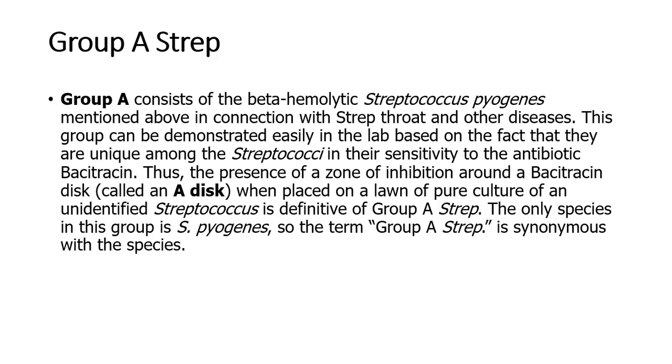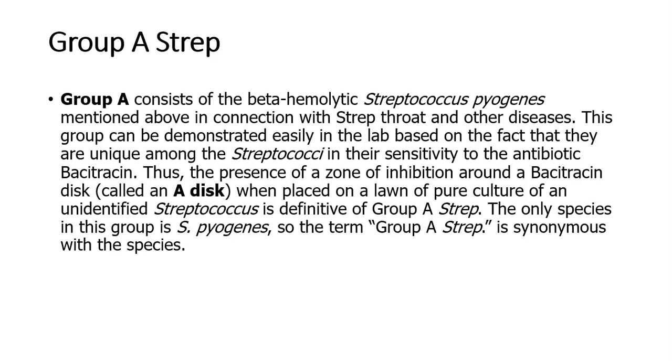But what's unique with Strep pyogenes is their sensitivity to bacitracin, a particular antibiotic. What you look at, and I'll show you, is the presence of a zone of inhibition around that disc, called the A disc. It is definitive for group A. The only species in this group is Strep pyogenes.